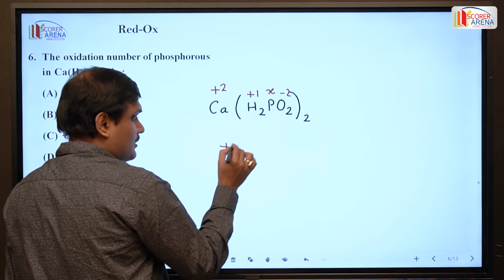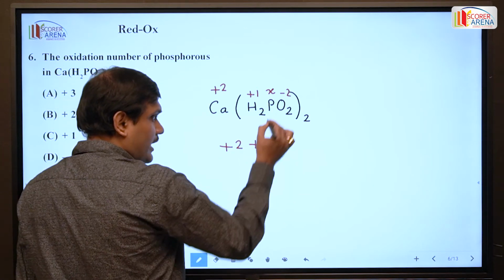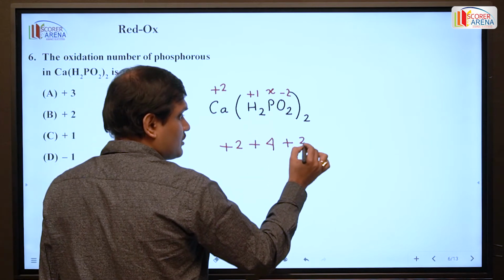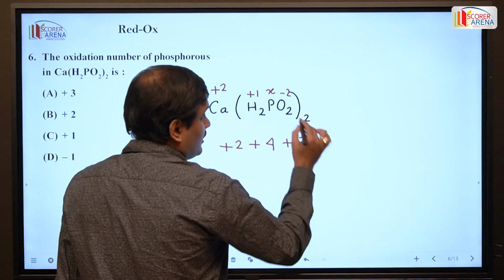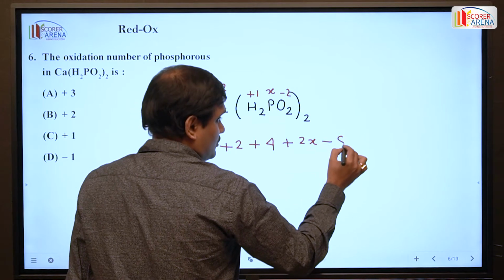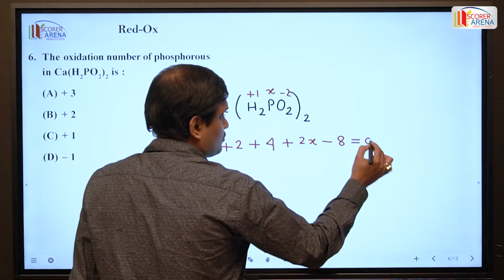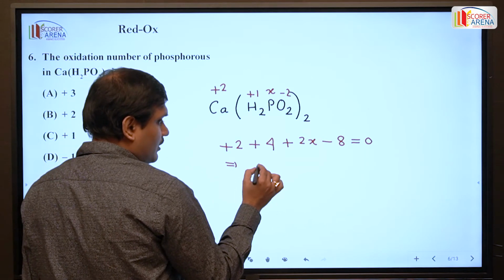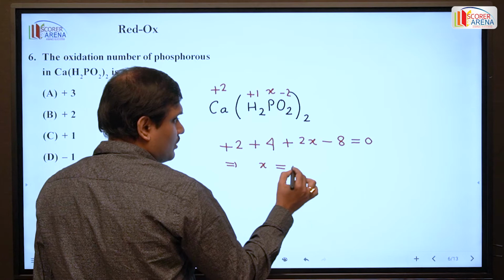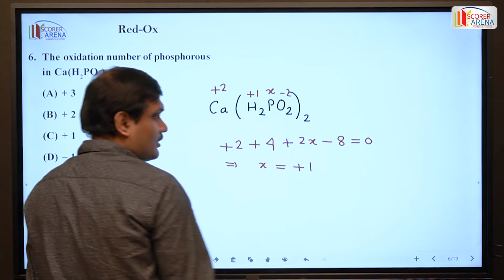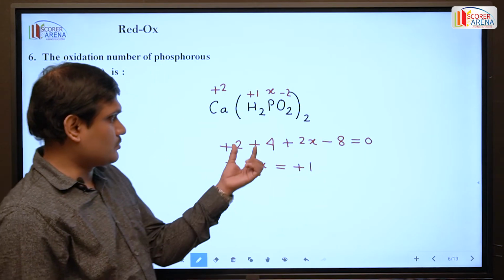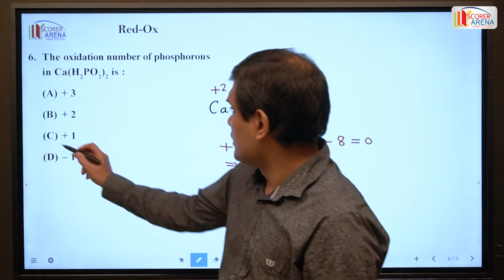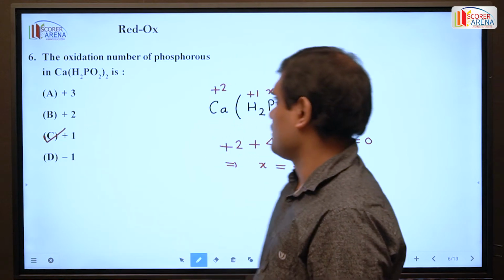So calcium plus 2, for 4 hydrogen atoms it will be 4, and 2 phosphorus atoms it is 2x, and oxygen will be minus 8. The whole value goes to 0. So try to calculate the value of x from here. The x will be equal to plus 1. So again we have a correct option, option C, plus 1.